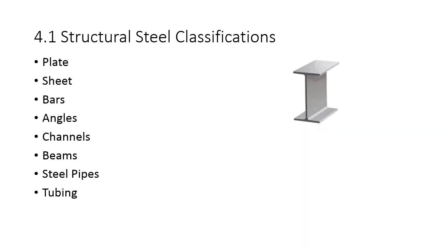4.1, structural steel classifications. So we're going to talk about plate, sheet, bars, angles, channels, beams, steel pipes, and tubing. Most of this material I got out of the Steelworker manual. It's a U.S. Navy manual.